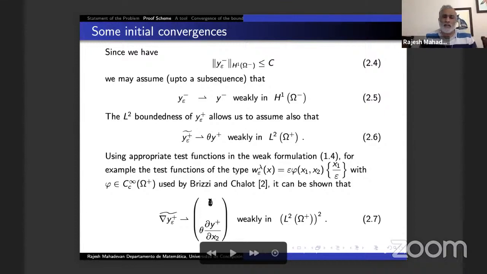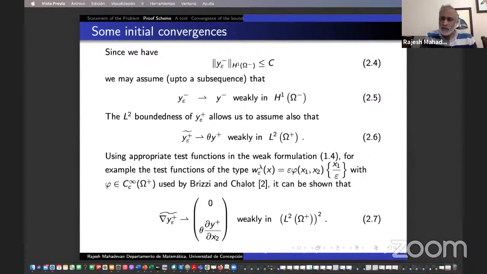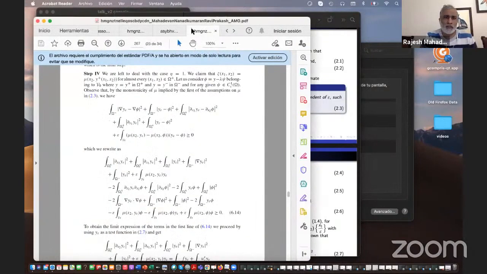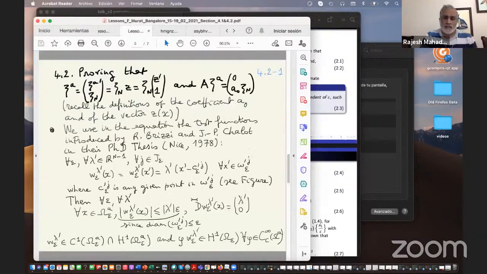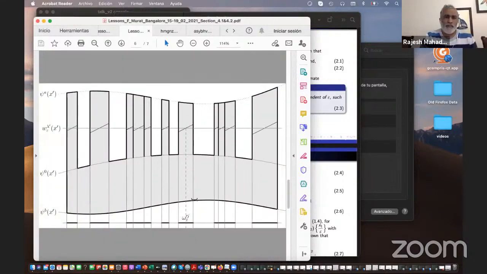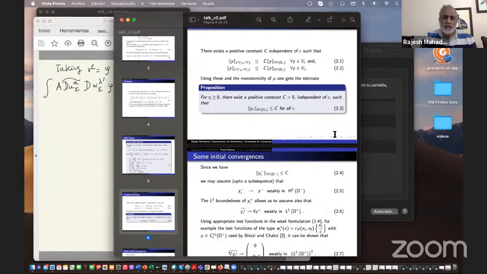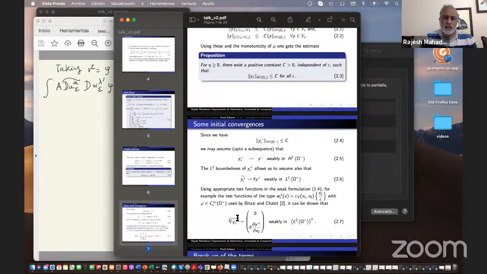Again, the details of this can be seen in the following transparency during the lectures of Francois Murat. I refer to sections 4.1, 4.2 for more details of how to obtain this structure for the limit of the gradients in the upper part.